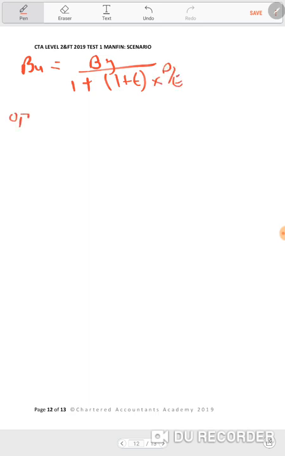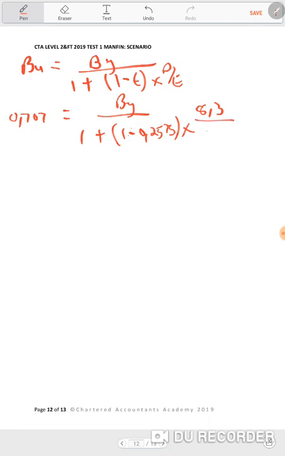So now we have our 0.707 here, and we are looking for the beta geared, which is 1 plus 1 minus 0.2575 times the debt to equity ratio. Our debt we have 8.3, and our equity we said we had that total. So you just calculate this, and then you get your levered gear.